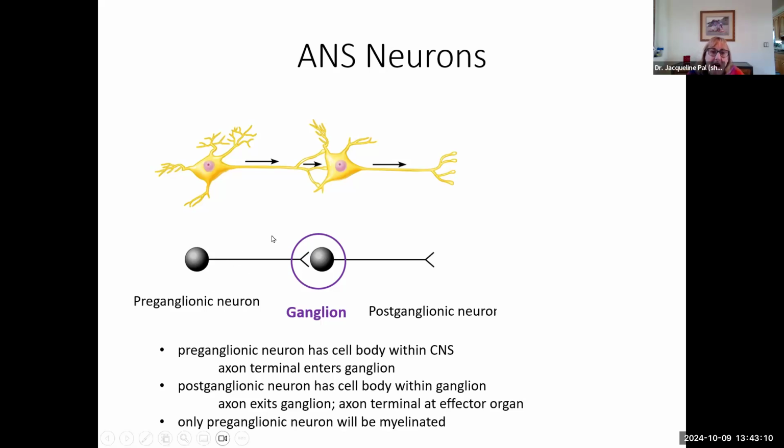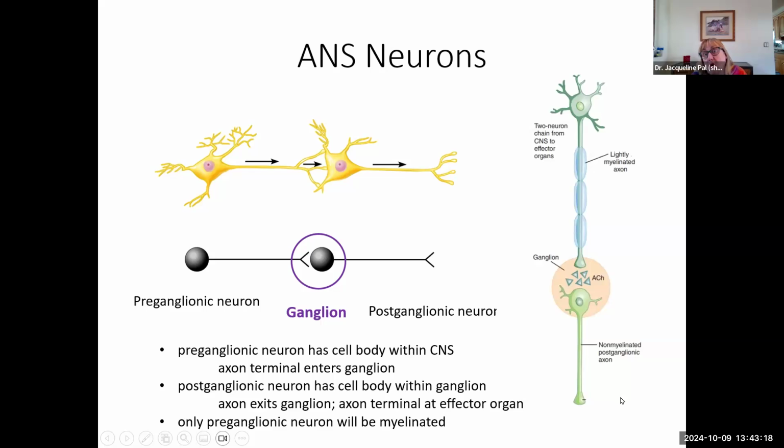Of these two axons, only the preganglionic neuron is going to be myelinated, so it will look like this. The preganglionic neuron has some myelin on it. The postganglionic neuron is naked. All right, so this is how it's going to look.